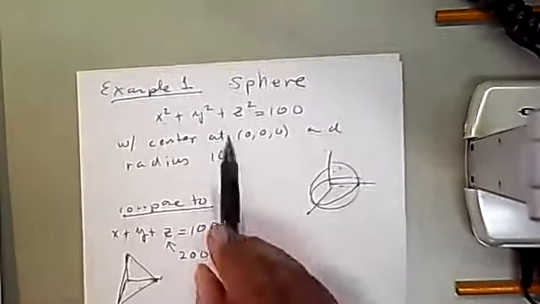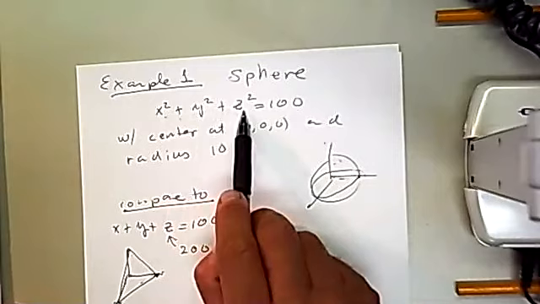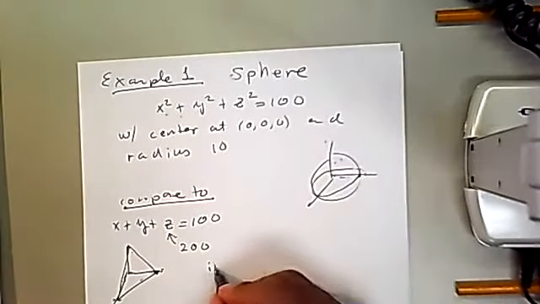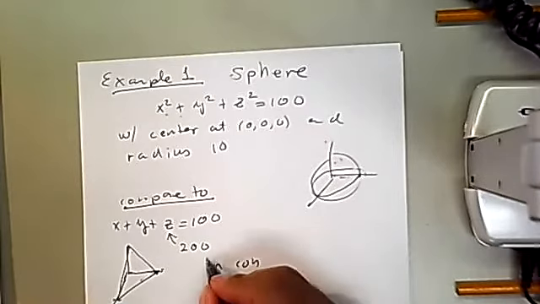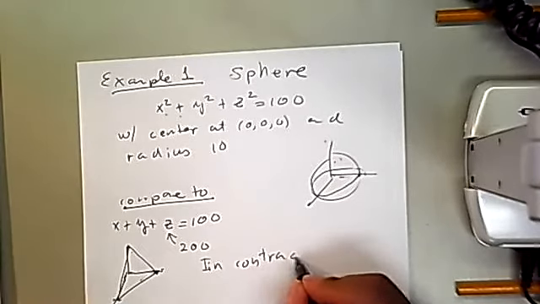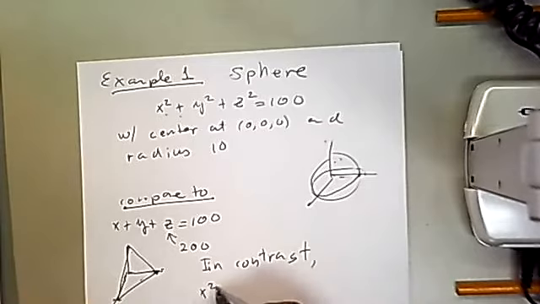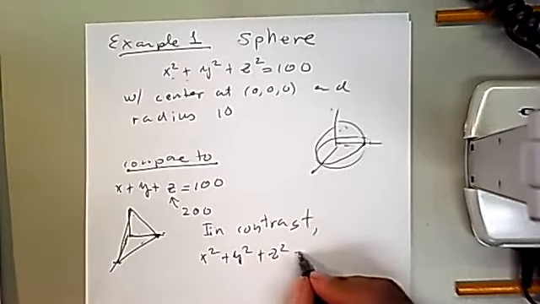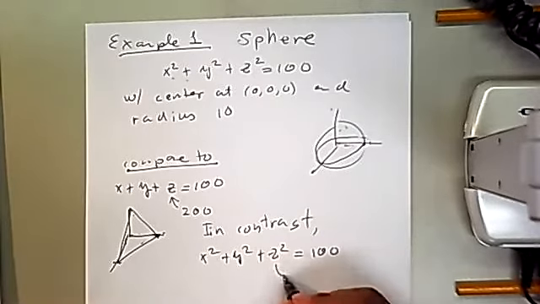All right. In contrast, here on the sphere, when we have x squared plus y squared plus z squared equaling 100, z cannot be 200.